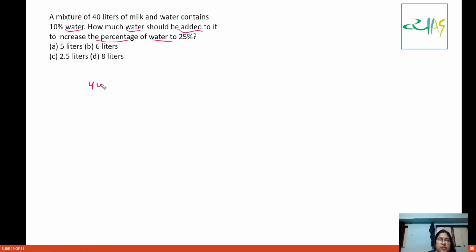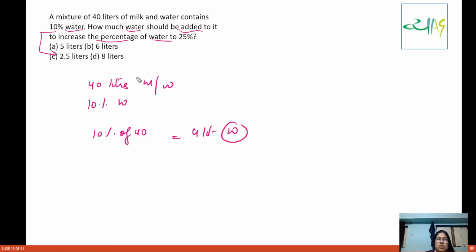Okay, so you have 40 liters of milk and water, and it is saying you have 10% of water. So what is 10% of 40? Obviously we know 4. So we have 4 liter of water.